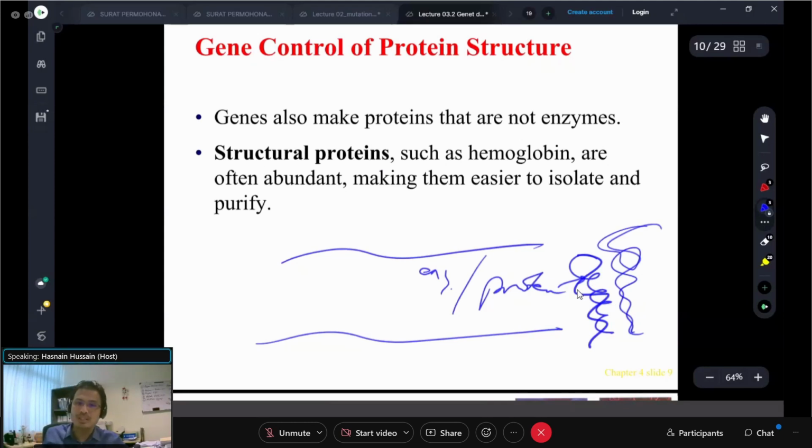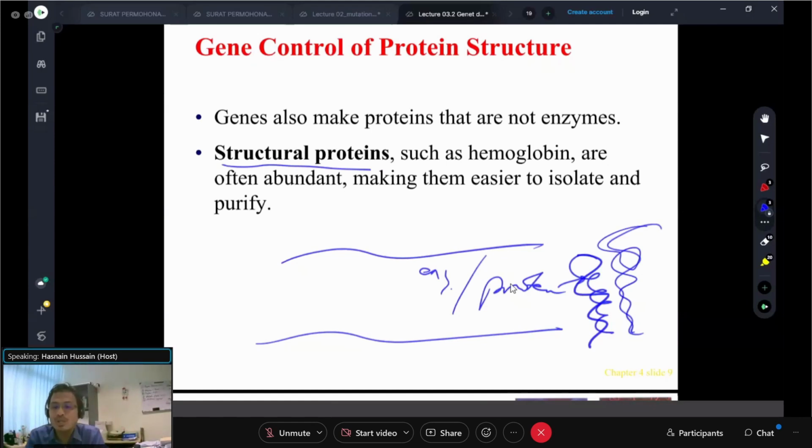Structural proteins such as hemoglobin are often abundant, making them easier to isolate and purify. So a defective gene can also cause a defective protein, and a defective protein, because it cannot make a proper structure, cannot function properly and causes the disease.